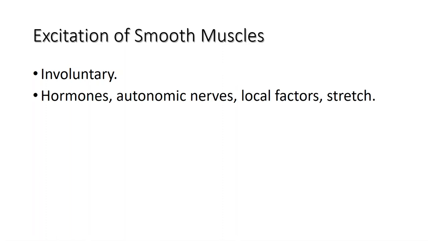The triggers for smooth muscle contraction include hormones, neural stimulation by the autonomic nervous system, and local factors. In certain locations, such as the walls of visceral organs, stretching the muscle can trigger its contraction.